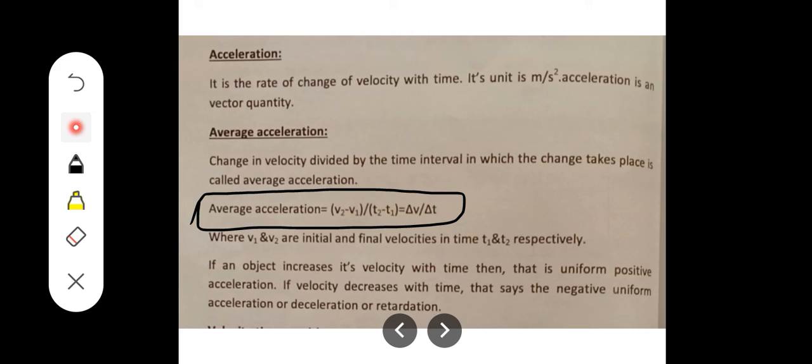If the velocity decreases uniformly with time, that is uniform negative acceleration, also called deceleration or retardation. You have to remember this much.